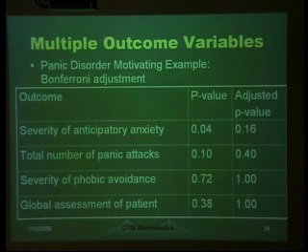So in our panic disorder example that we started with, if we do a Bonferroni adjustment, you can see the p-values and then the adjusted p-values, which basically is done by multiplying by 4, the number of hypotheses. And once you do that, then none of these outcomes are significant after adjustment. None of those adjusted p-values are below 5%. So none of them would be significant when you control the family-wise error at 5%.